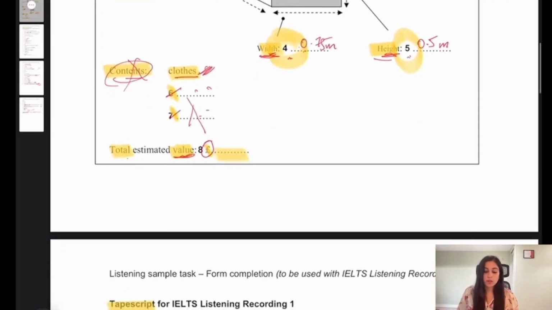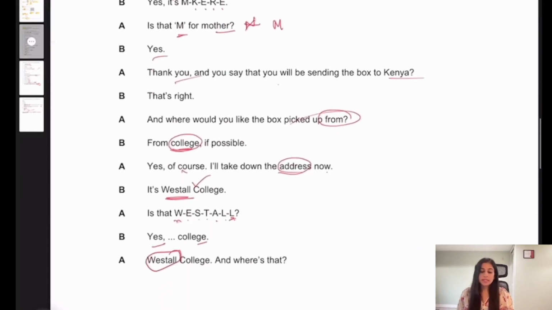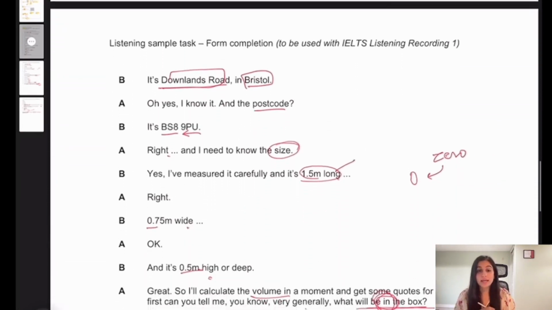You don't have to say contents are clothes, toys, books. R is not needed. Grammar is not needed here. This is what I meant when I said grammar is not needed. Total estimated value is dash pounds. That is also not needed. So when I say grammar is not needed in form questions, this is what I meant.